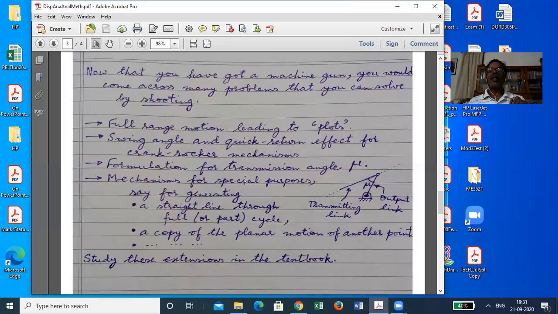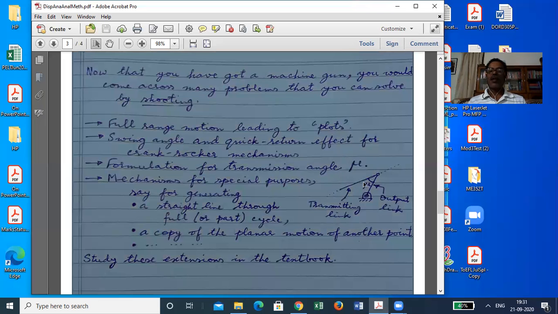You cannot say 90 degrees all the time because the mechanism over the cycle executes relative motion, so all the time this angle cannot be at a constant value. But through the study of the entire cycle you can find out mu, and you can work out the mu min, that is the minimum value of the transmission angle over the entire cycle, and then say that the minimum value should not fall too low.